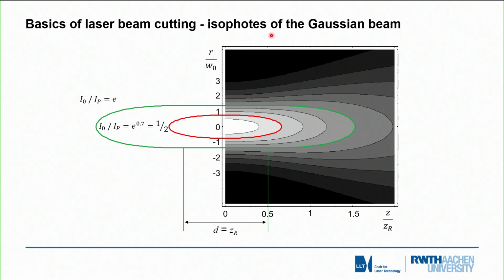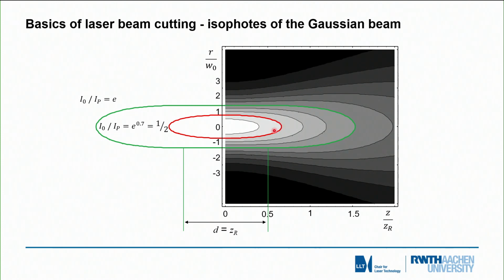In this case we took a TEM00 Gaussian beam, and you see that we have an isophote where the intensity is defined by half of the peak intensity, and this corresponds more or less rather exactly to the Rayleigh length of the Gaussian beam.